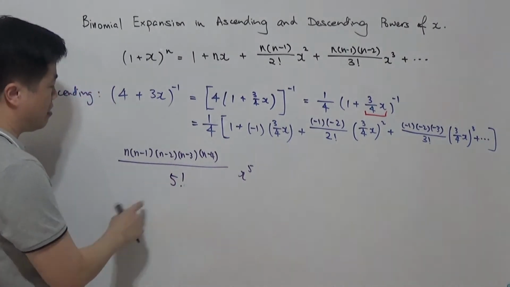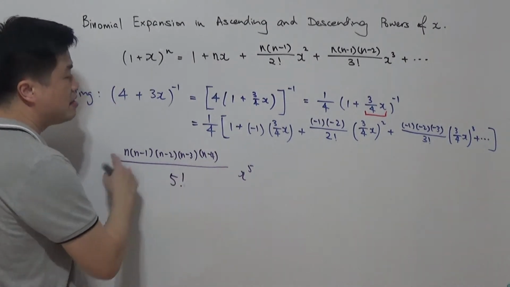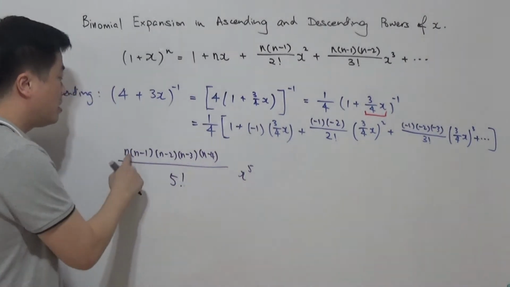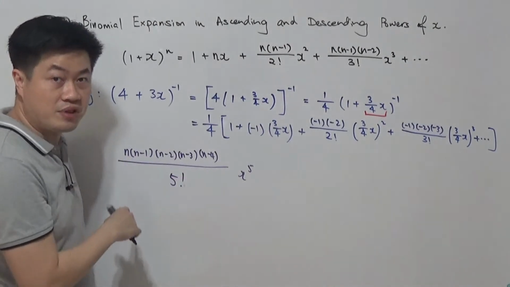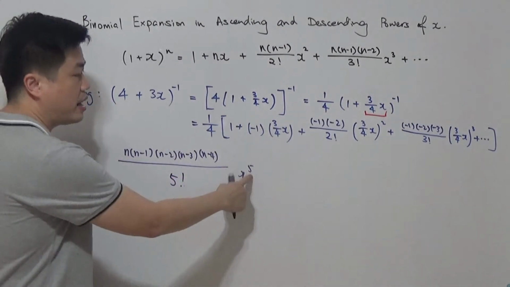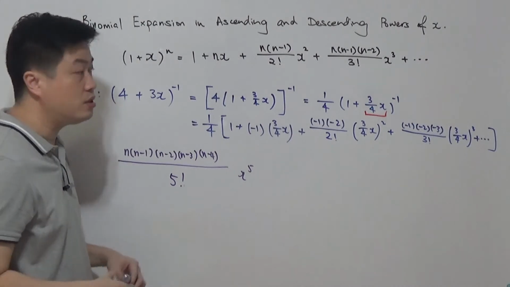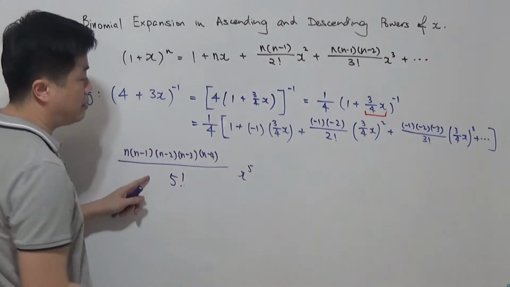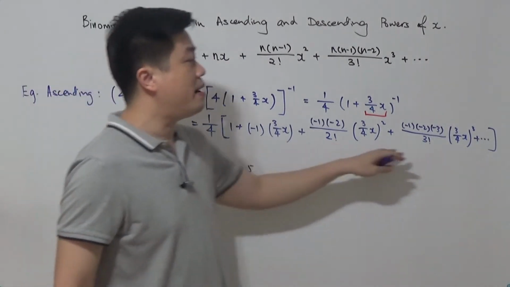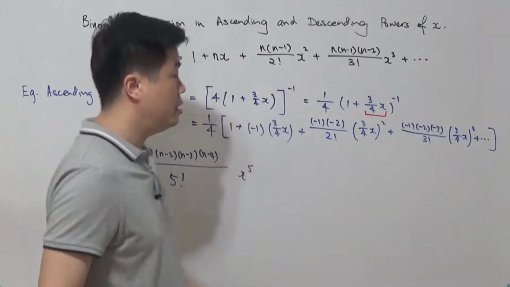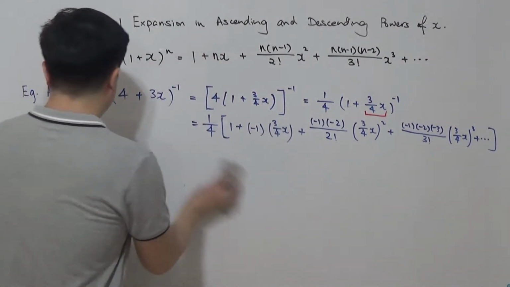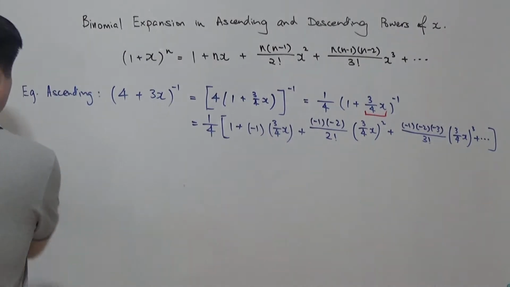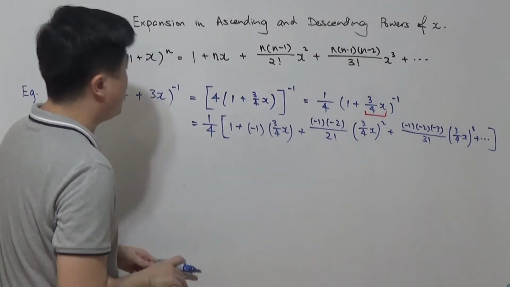So you go and count 1, 2, 3, 4, 5, 5 factors in the numerator. Each one is 1 less than the previous, and then 5 factorial, that corresponds to x to the power 5. So it's actually quite simple. Once you remember this pattern, you can come out with as many terms as you want based on the pattern.